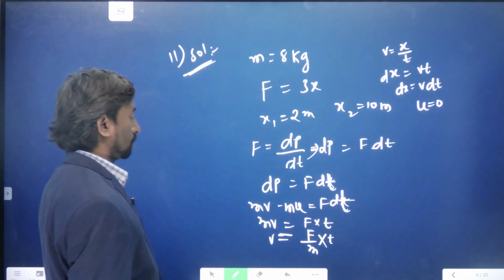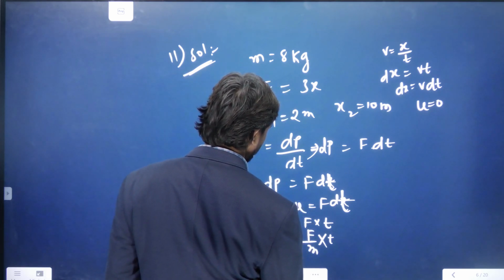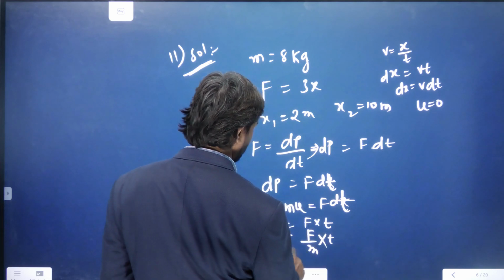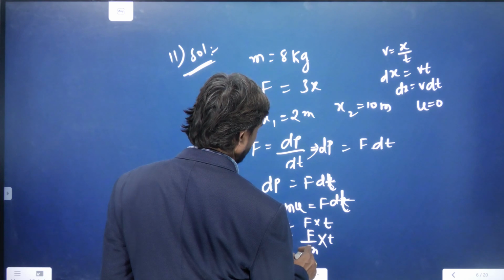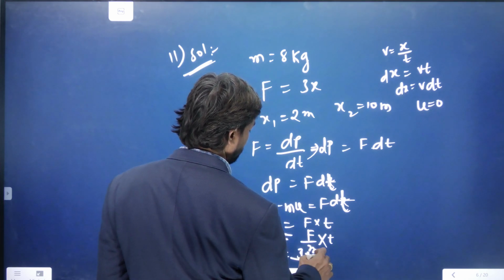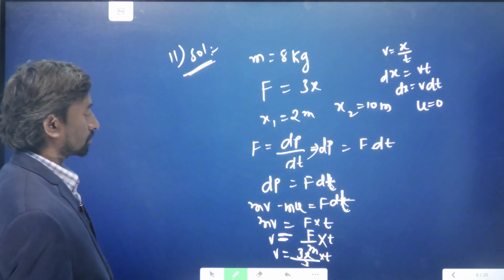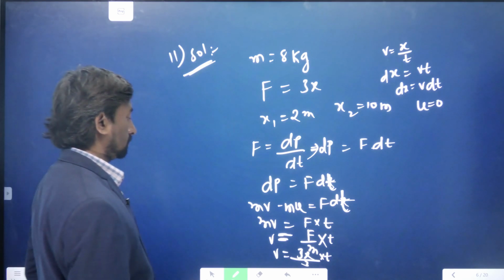So v is equal to 3 into x divided by m into t. So that is the initial velocity.